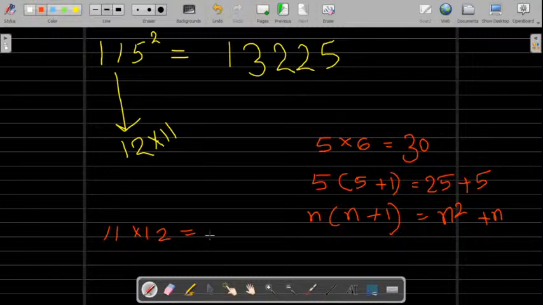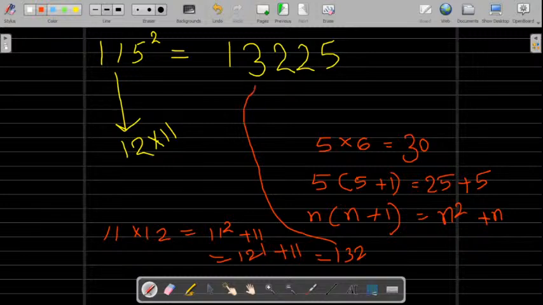So here 11 square plus 11. 11 square means 121. 121 plus 11, how much? 132. So this 132 we used here, right?